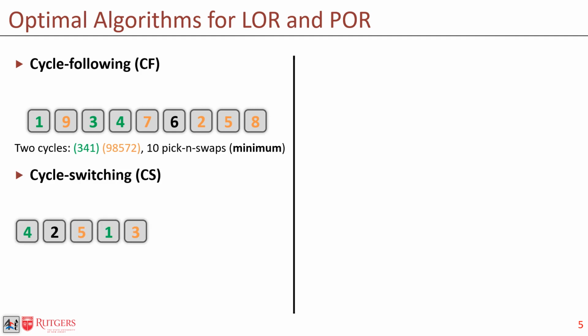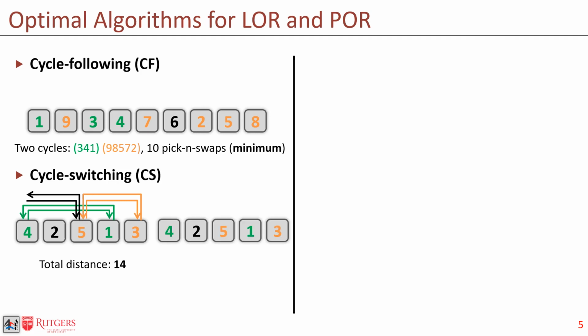We then further minimize the end-effector travel. We observe that following cycles 1 by 1 may incur additional end-effector travel. In this example, following the cycle 4-1 and then 5-3 incurs a total distance cost of 14 units.